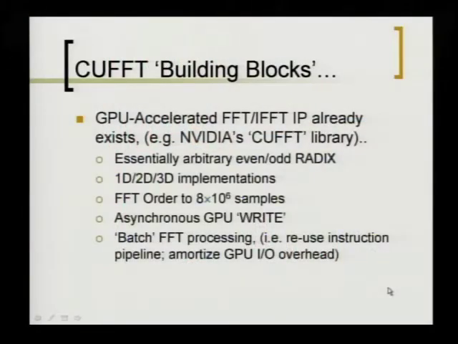And then also when you combine this capability with a streaming processing model, which is essentially SIMD or SIMT combined with asynchronous reads and writes to these devices, we exploit all this structure within the context of mapping kernels to a GPU array, not just a single GPU. And then also we can reuse the instruction pipeline, and that helps us to further amortize the I/O overhead that must be associated with any ancillary processing device that might be connected to a CPU.